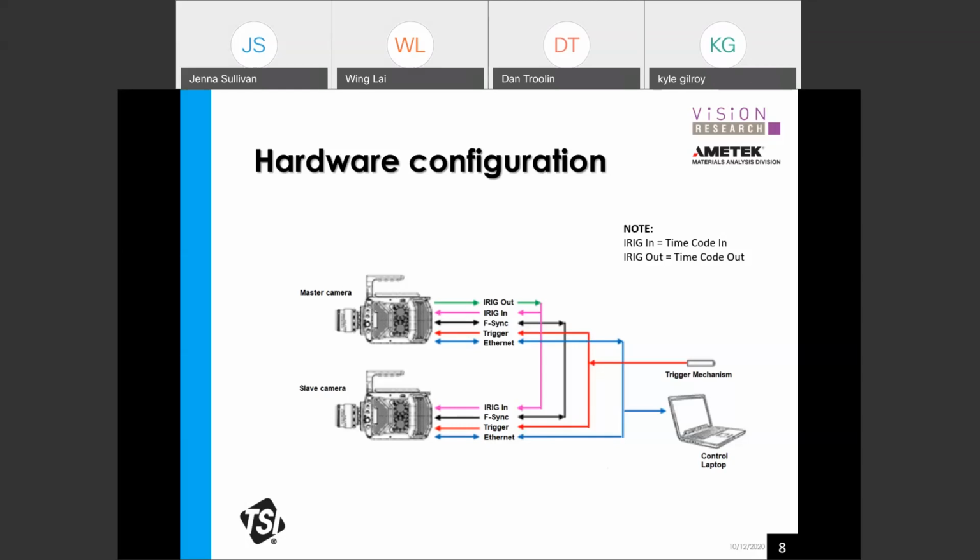This is in contrast to pressing a software button on your control laptop, because the software button operates via Ethernet, and Ethernet is a serial way of communicating to the cameras. That ultimately will give you a difference in when the cameras are triggered. So the two key takeaways here are we can synchronize these cameras using the F-sync signal, and we can trigger them at the same exact time using a pickle switch in parallel.